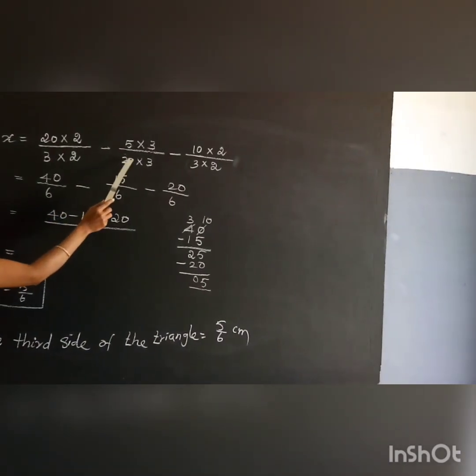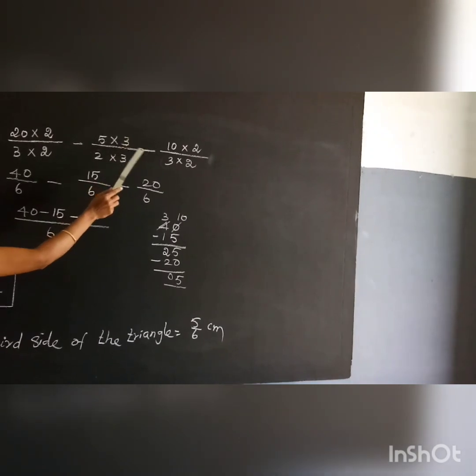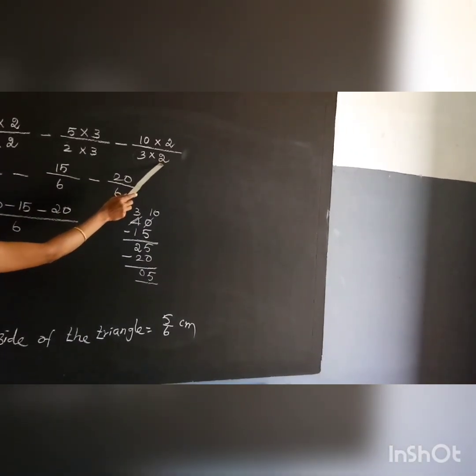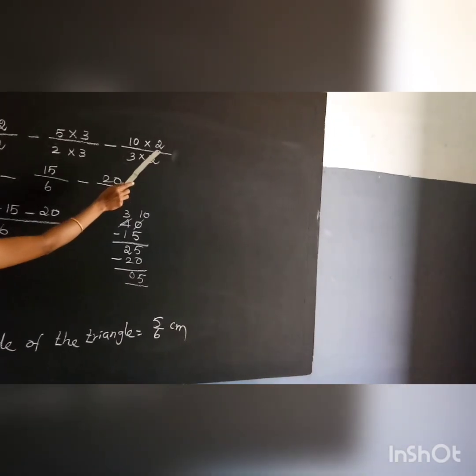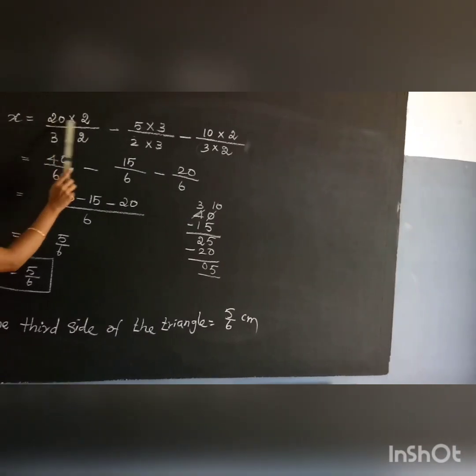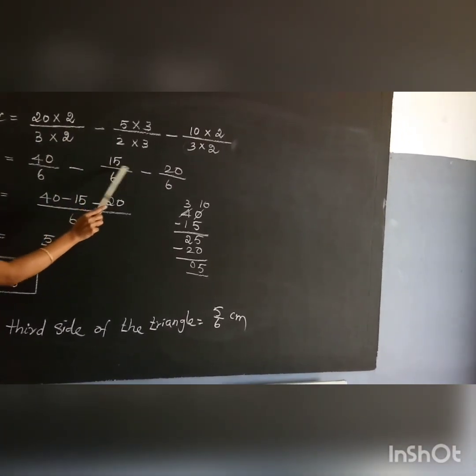In the 2 table, 6 is 3 times, the same number you multiply by the numerator also. And then similarly the denominator 3 we converted to 6, so multiply by 2, the same number you multiply by the numerator also. And then get the answers: 40, 15 and 20.